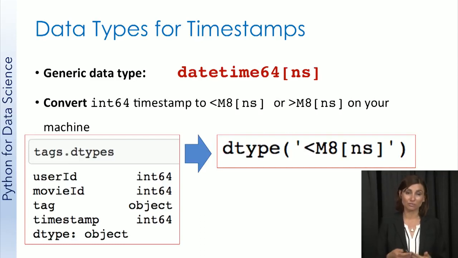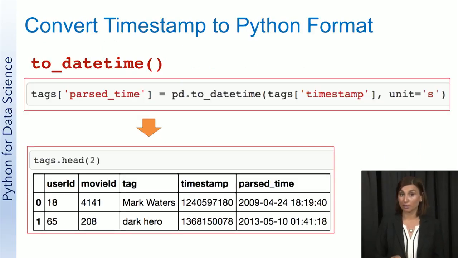It's kind of confusing maybe seeing all these data types, but we can quickly convert a timestamp to Python format using, for example, the to_datetime function here. This function simply will convert the input to datetime format, a form that Python understands. In this case, we'll put that into the parsed time column, which you see is pretty human readable as well.